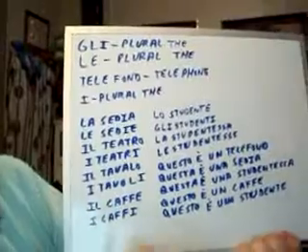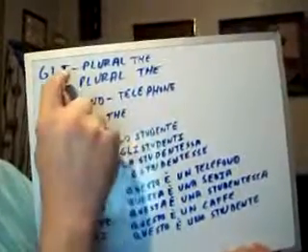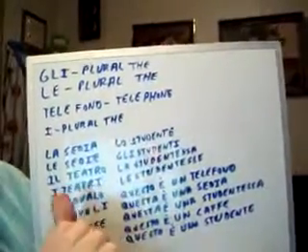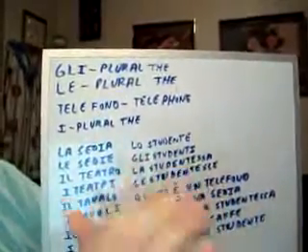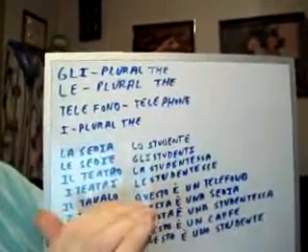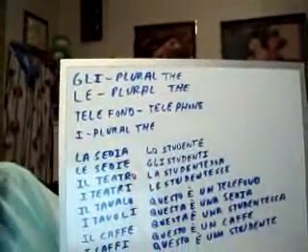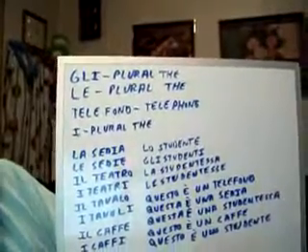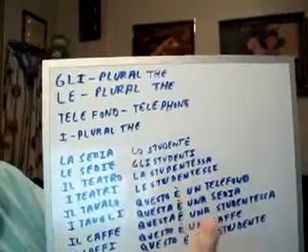Therefore, it's going to use this when you're saying studenti instead of studente. Studenti is the plural form of the masculine student. When you say studenti, you are saying that there's more than one male student in the classroom. If you say studente, you're saying there's only one male member of the class.